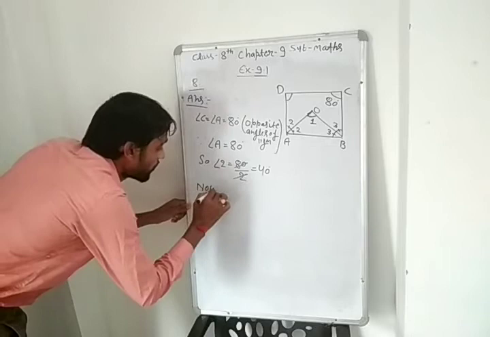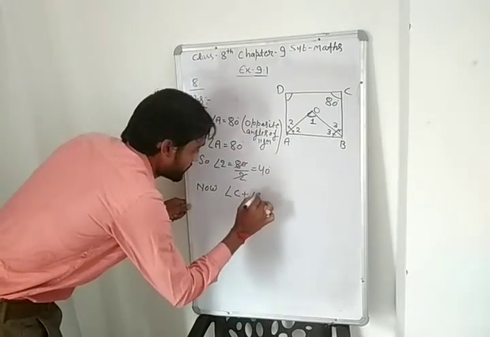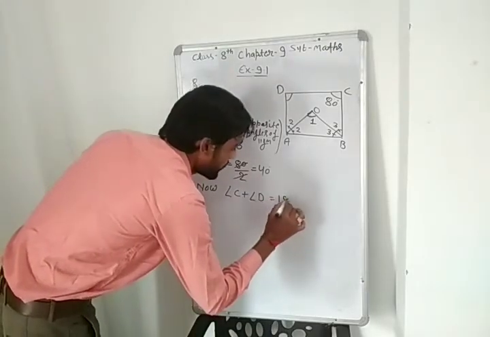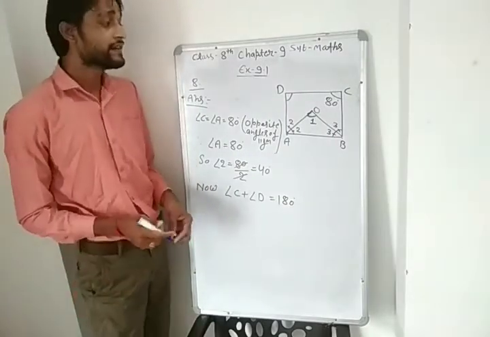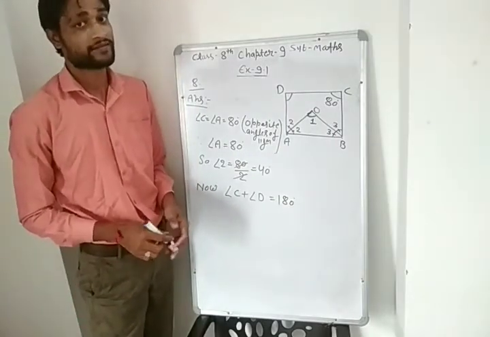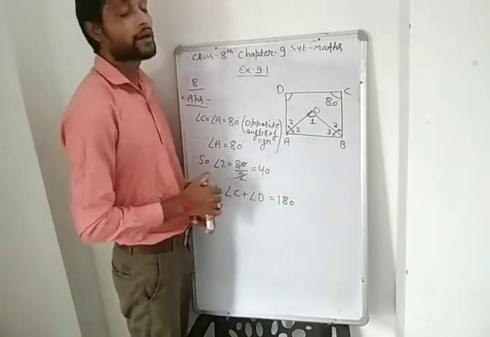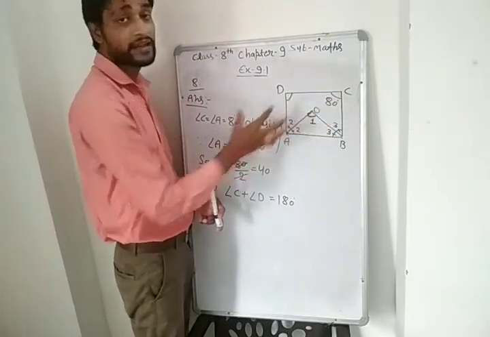Now angle C plus angle D is equal to 180 degrees. How? Sum of adjacent angles. The sum of adjacent angles in a parallelogram is always equal to 180 degrees, and C and D are adjacent angles.